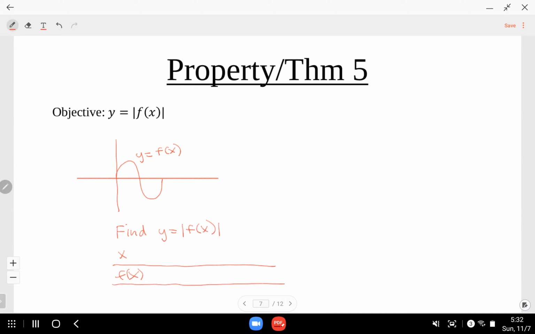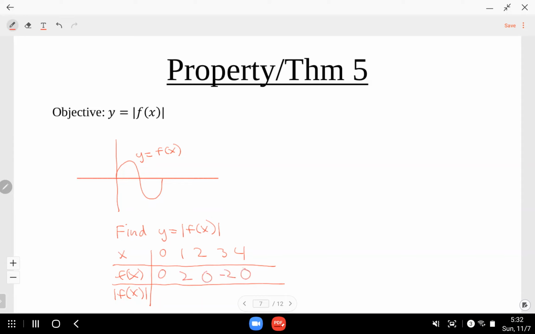All right, so let's say when x is 0, then f of x is going to be 0, 2, 0, 2, 0.